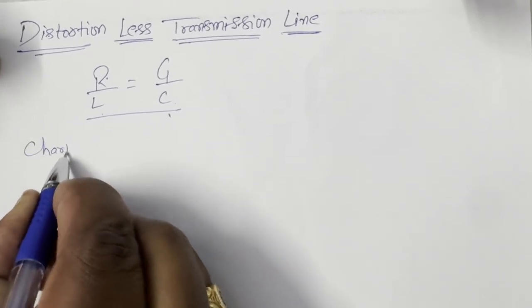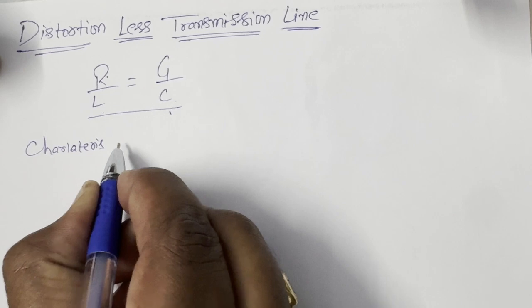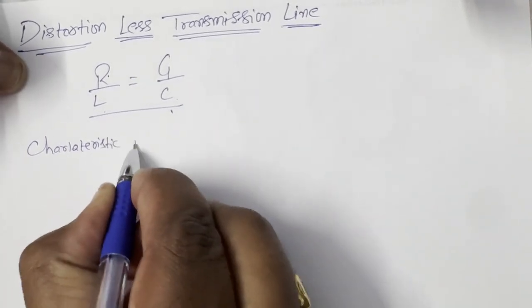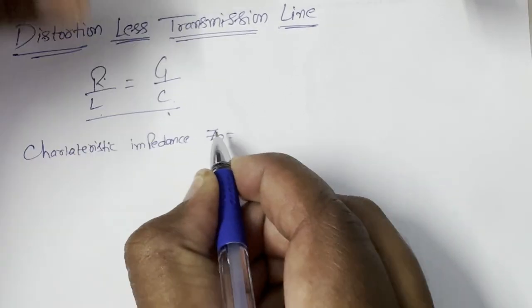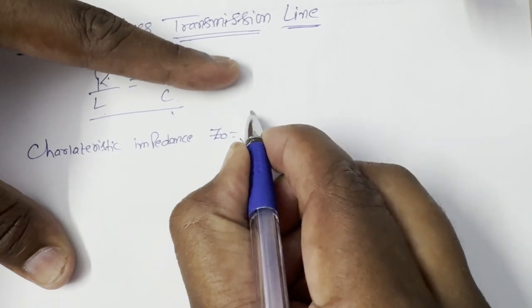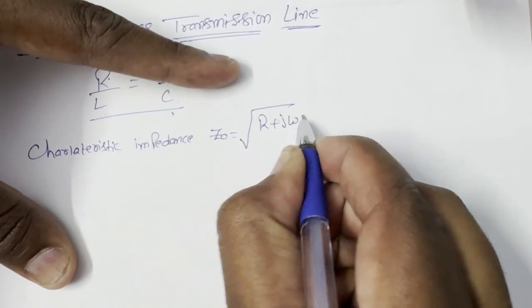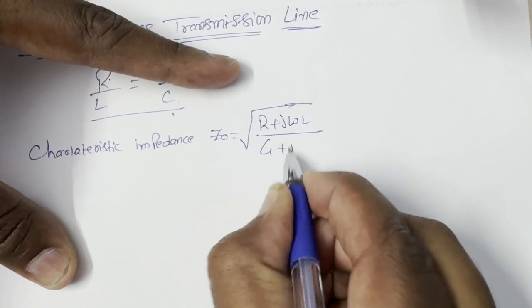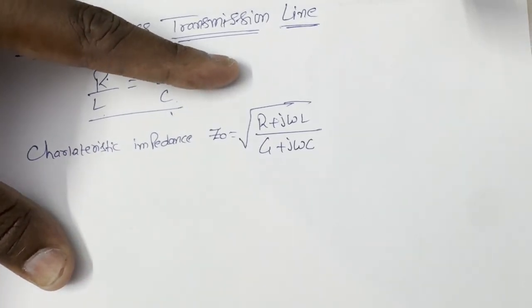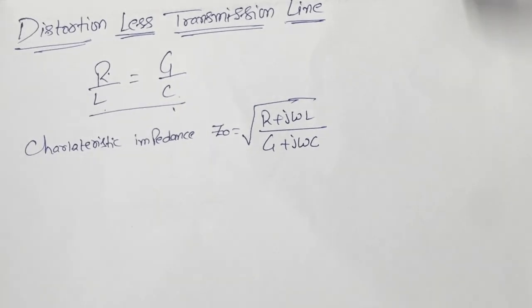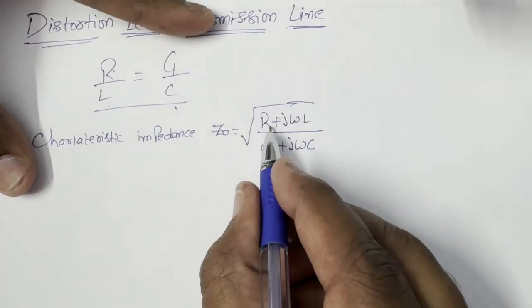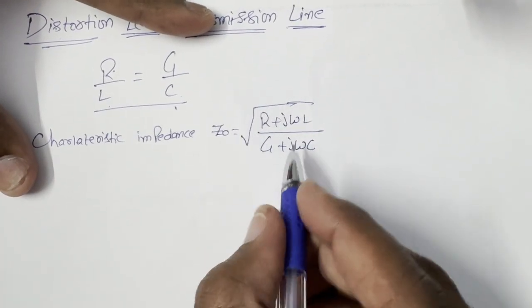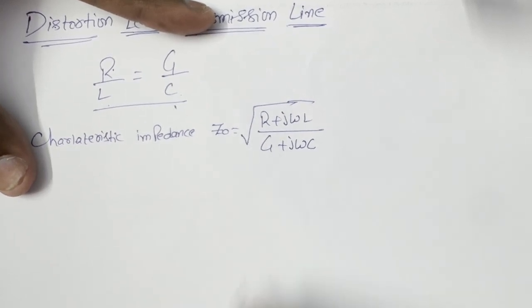Now we know that the characteristic impedance Z0 is equal to square root of (R plus j omega L) by (G plus j omega C). It is the generalized formula for characteristic impedance. Now I am taking R as a common term from the numerator and G as a common term from the denominator.